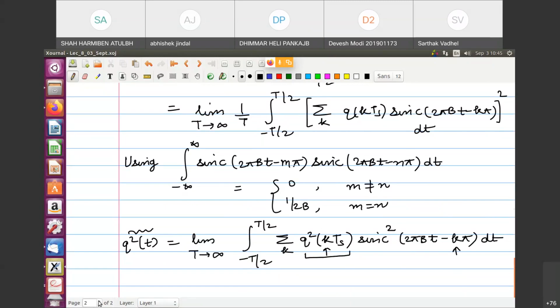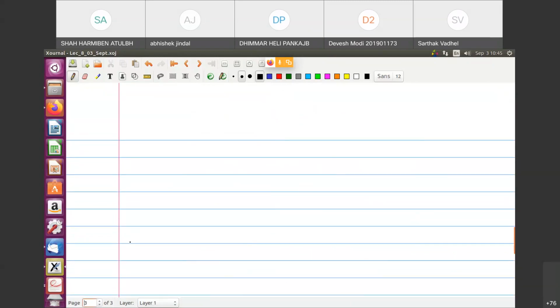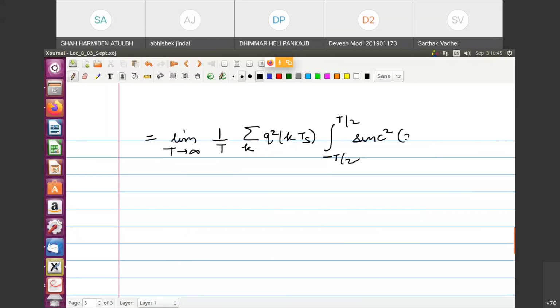So by interchanging the summation and integration, you will get that this is equal to the limit T tending to infinity of 1 upon T, summation over k of q square of kTs, integration from minus T by 2 to T by 2 of sinc square of 2 pi bt minus k pi, dt.